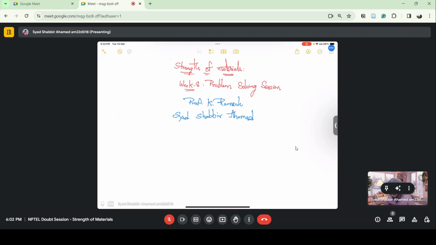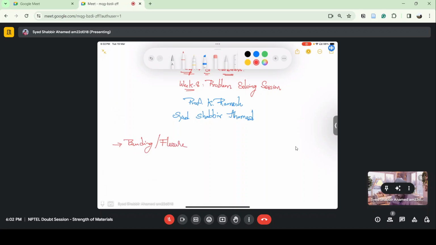So, first, we will start the session. This week was totally dedicated to bending or flexure, and how we arrive at evaluating the bending stresses from bending strain, and how we get the flexure formula, and some engineering analysis about beams.